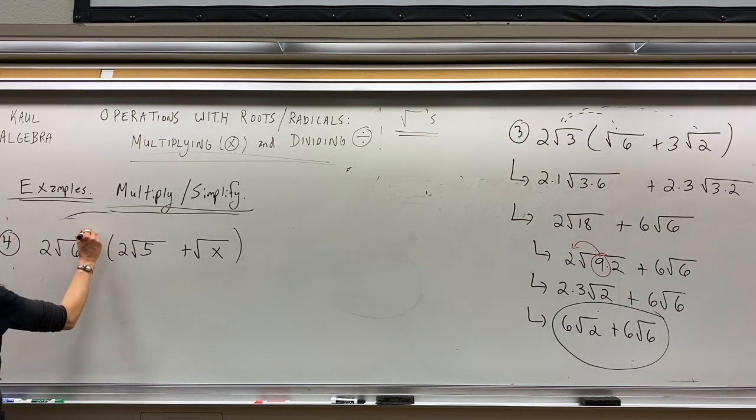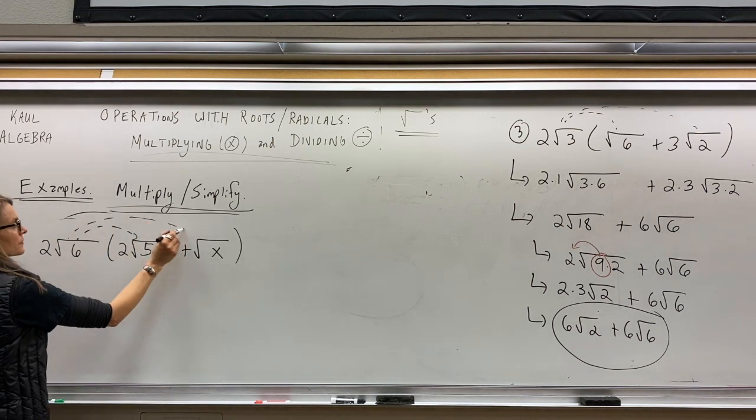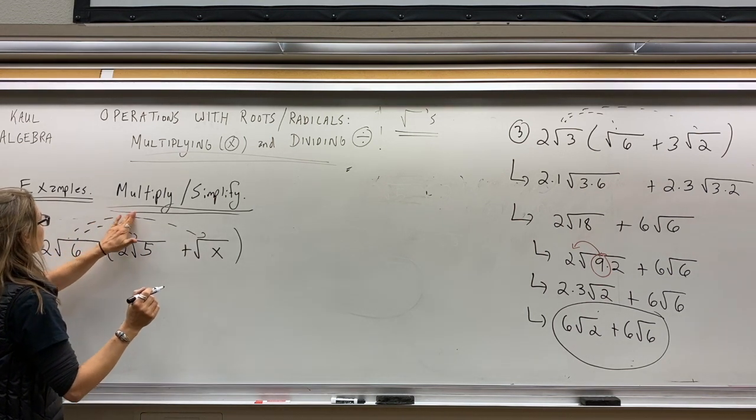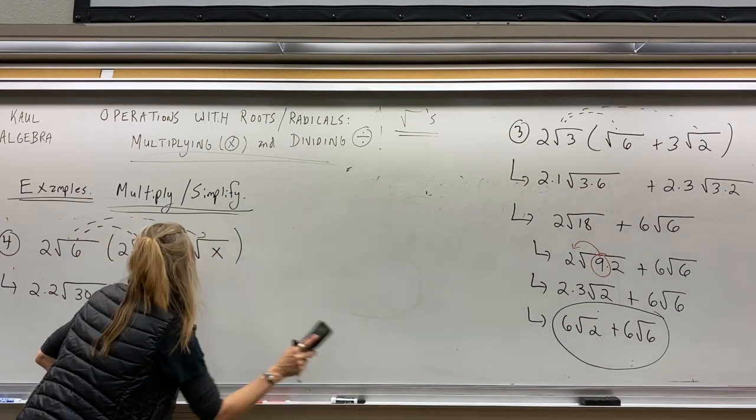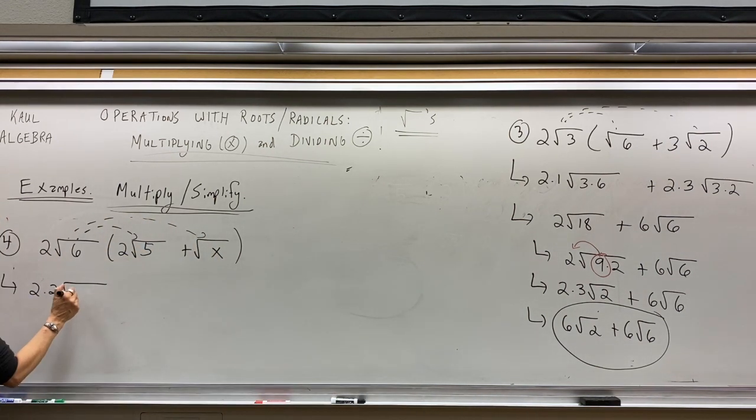So we're going to distribute and then simplify. Okay, so first step here, we have 2 times 2 out in front. We have the same roots, so we can multiply the 6 times the 5, so that becomes 30. I'm going to take this one step at a time. 6 times 5.